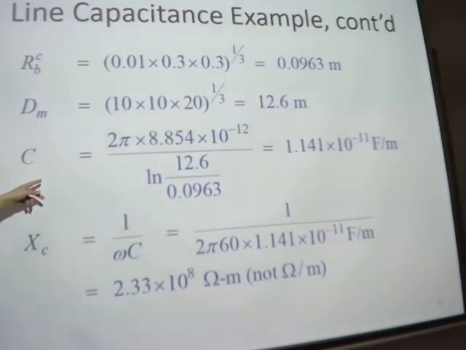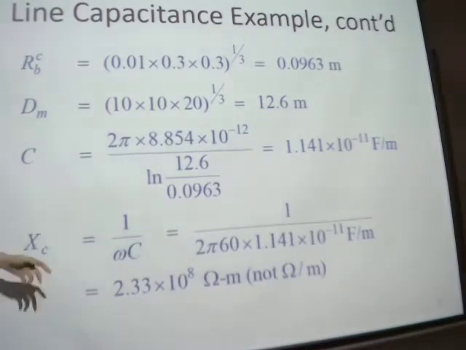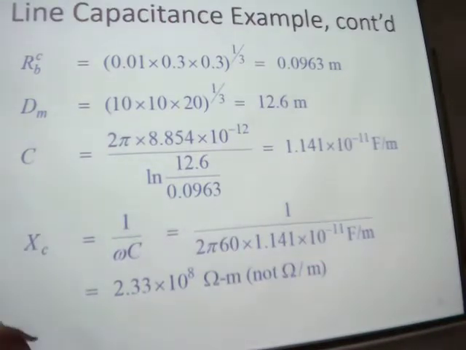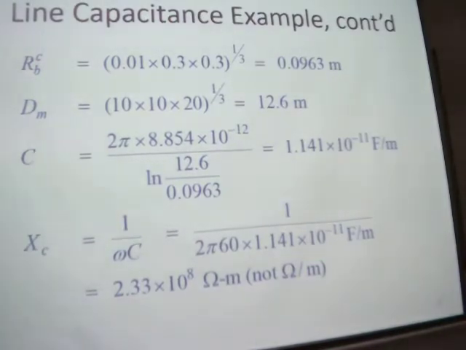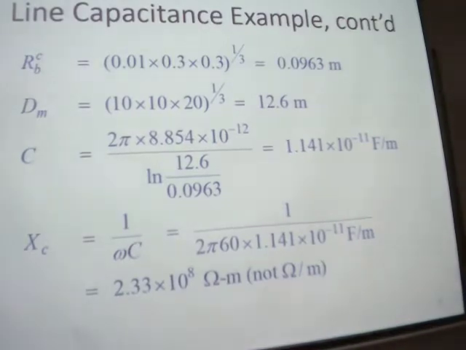Any questions? The reactance X_C equals minus j over omega C, and j is the imaginary unit.